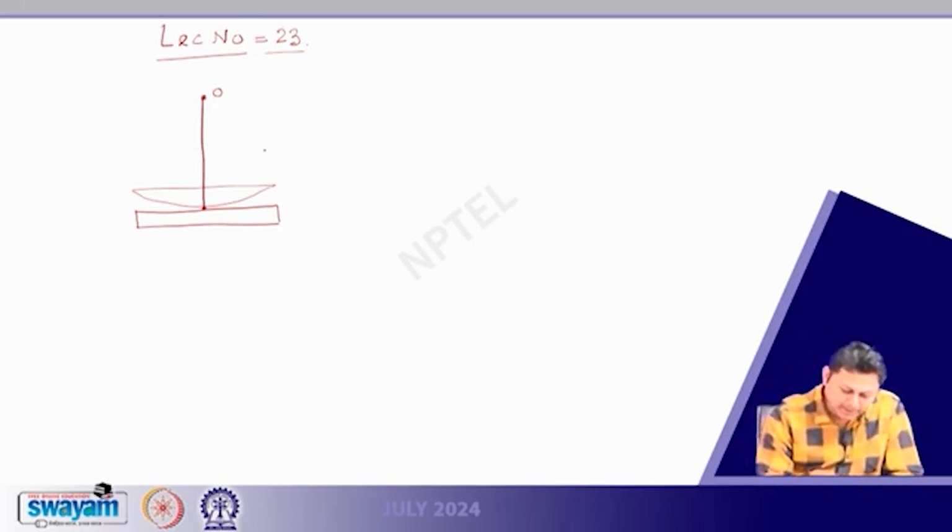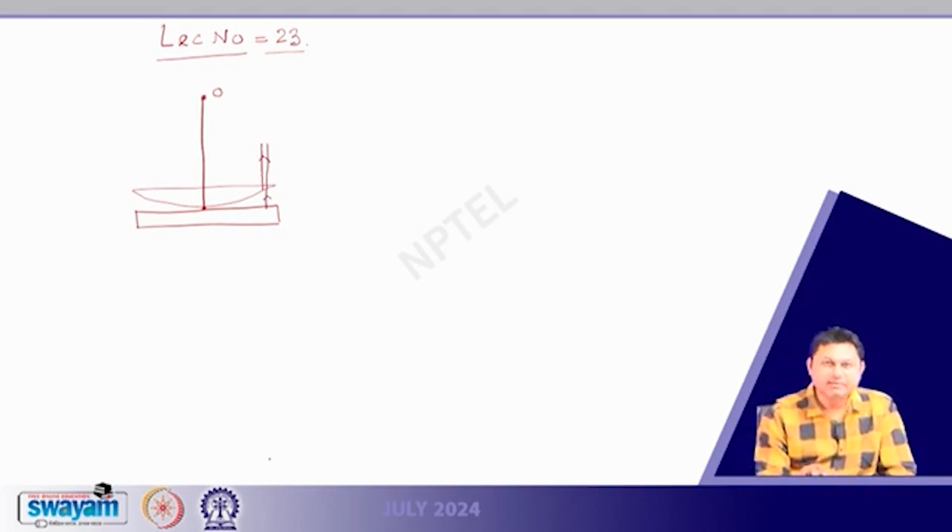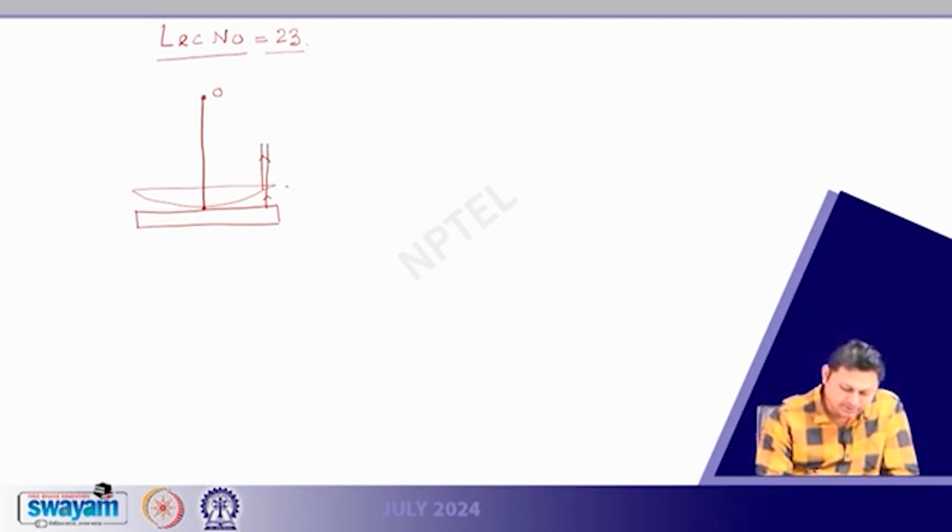Light falls here and is reflected back from this surface, and another light falls here and is reflected back from this surface. These two lights are essentially interfering with themselves to form a pattern, and in order to form a pattern, they should maintain a phase relationship among them.